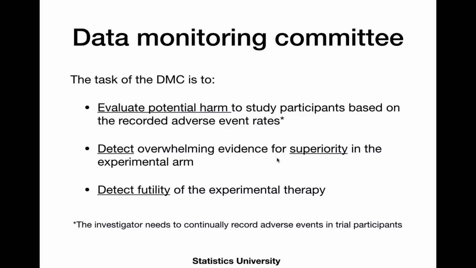In the second situation, they don't want people to get an inferior treatment, so the analysis for this trial should be done as soon as possible, and the findings should be communicated as early as possible. And in the last case, it wouldn't make sense to keep on giving patients the experimental therapy while it is clear that the control therapy outperforms the experimental therapy.